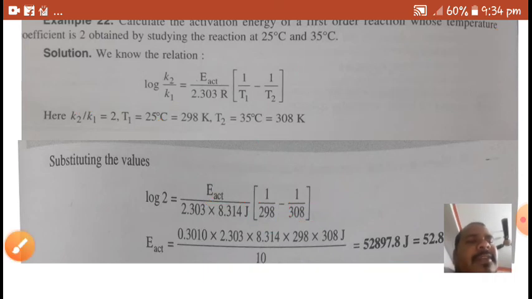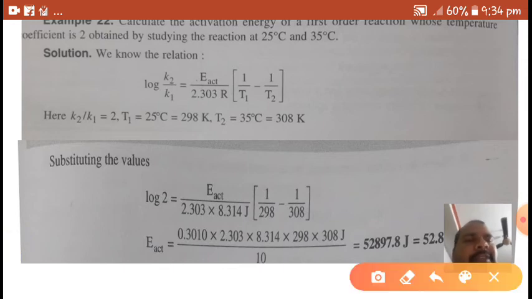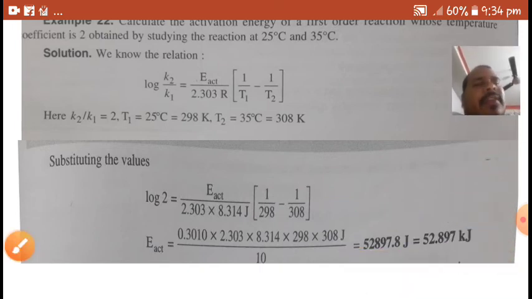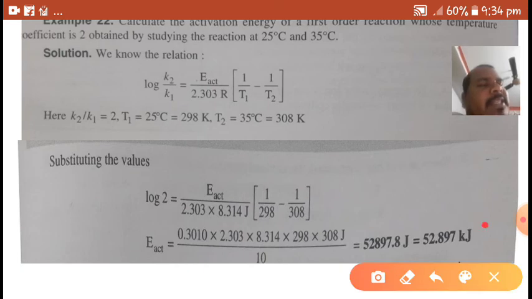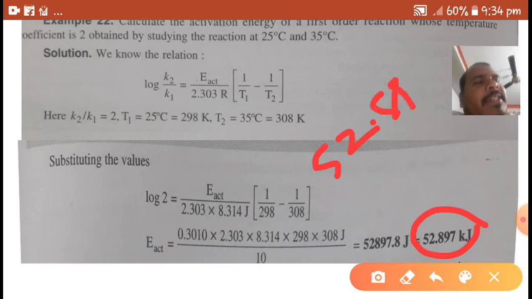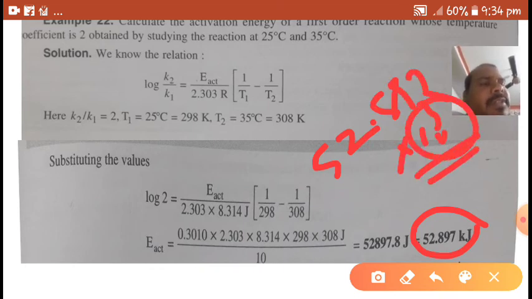By simplifying all these values, we get the value 52,897.8 joules. This is the value of activation energy, or 52.897 into 10 to the power of 3 joules, or 52.897 kilojoules.